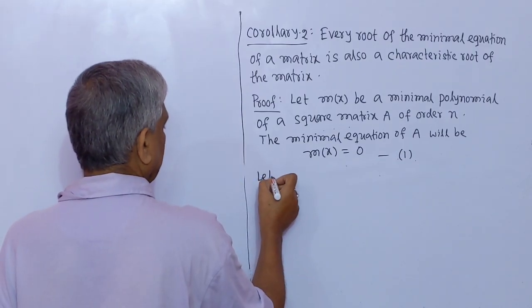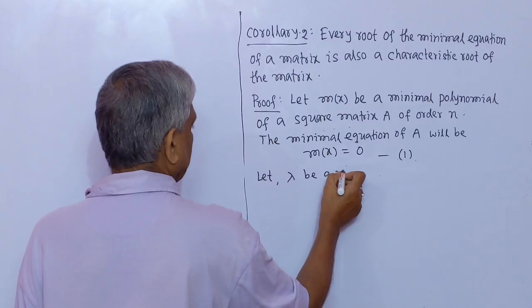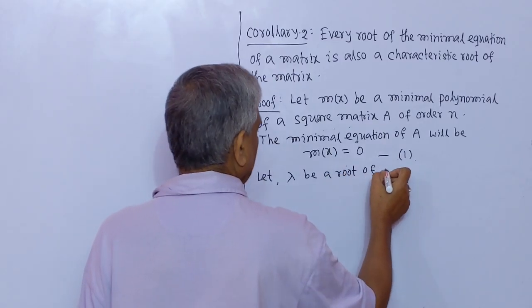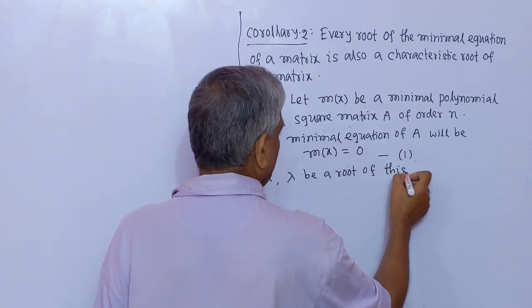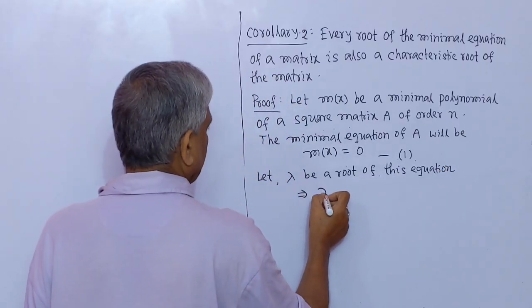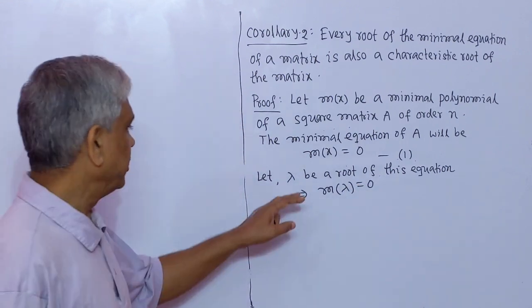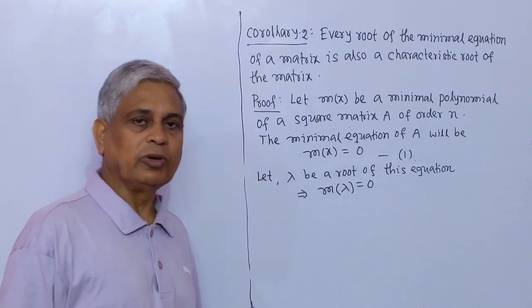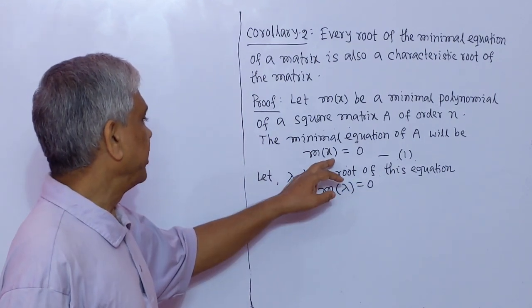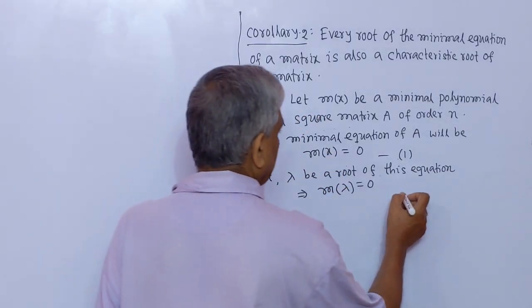Let lambda be a root of this equation, implies that m(lambda) equal to 0. If lambda is a root of this equation, then we may replace x by lambda. This is number 2.